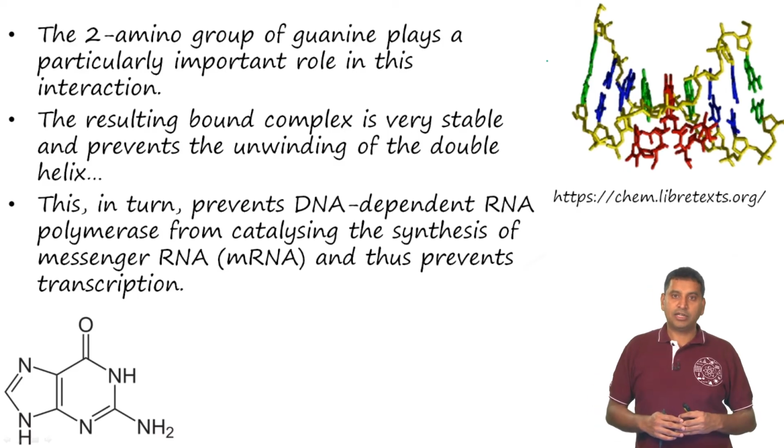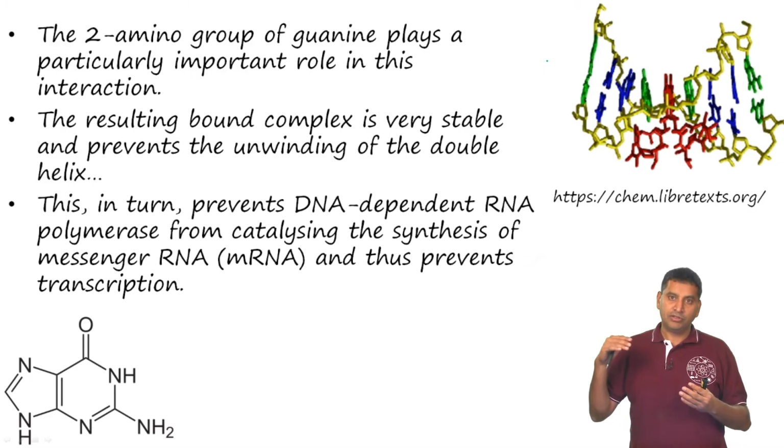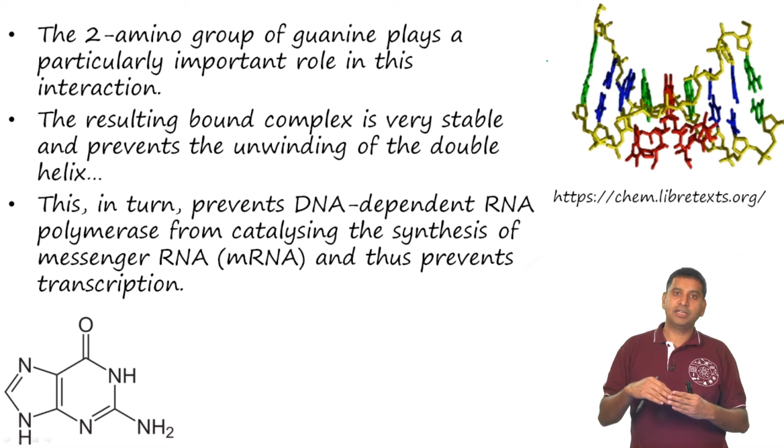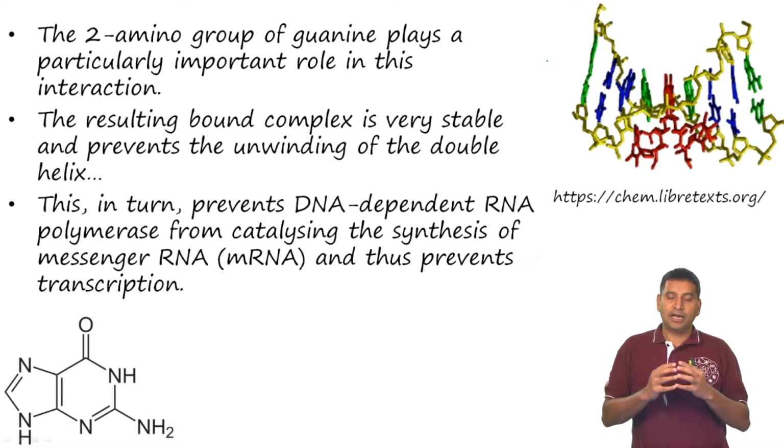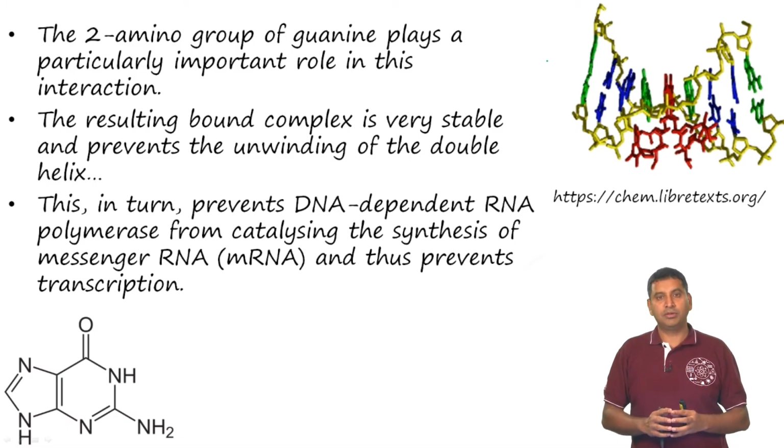So, the effect of Dactinomycin in an actively dividing cell is that once it goes inside, it intercalates. After it intercalates, it forms an extremely stable bond with DNA. Because this complex is so stable, it prevents the unwinding of the double helix.